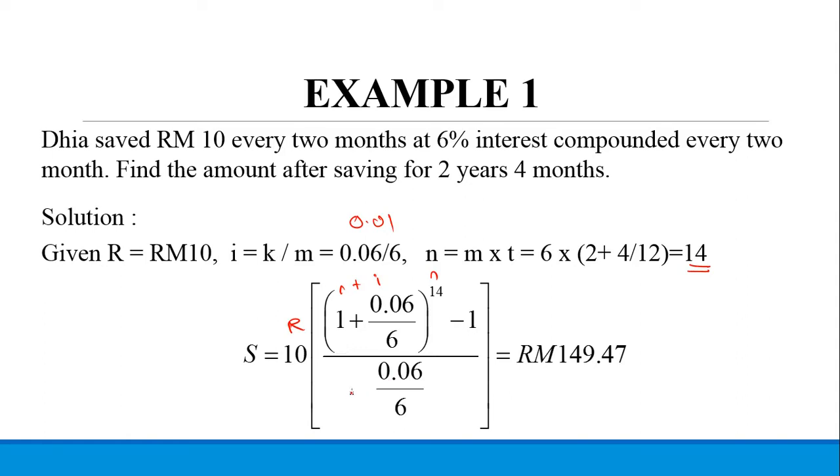At the end, you calculate. On the calculator, first find the bracket part above, then divide by the value below, and then multiply by the 10 in front.